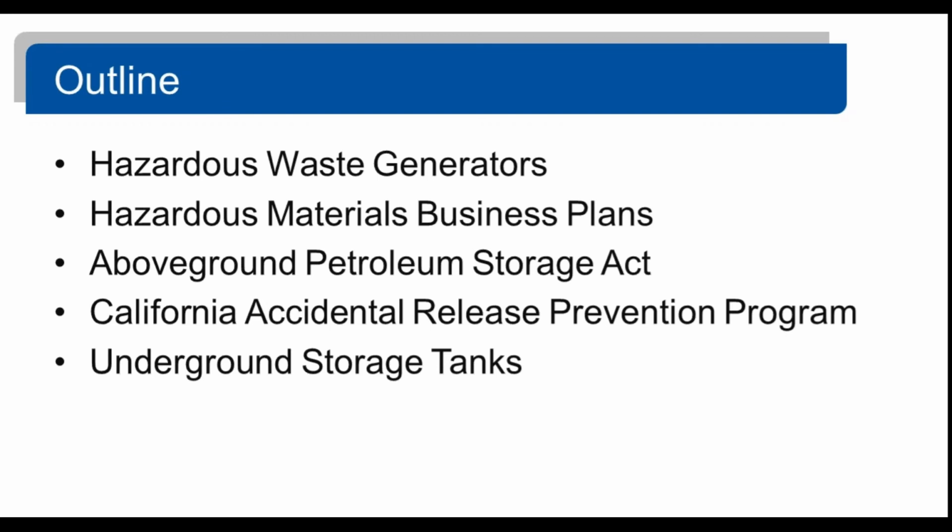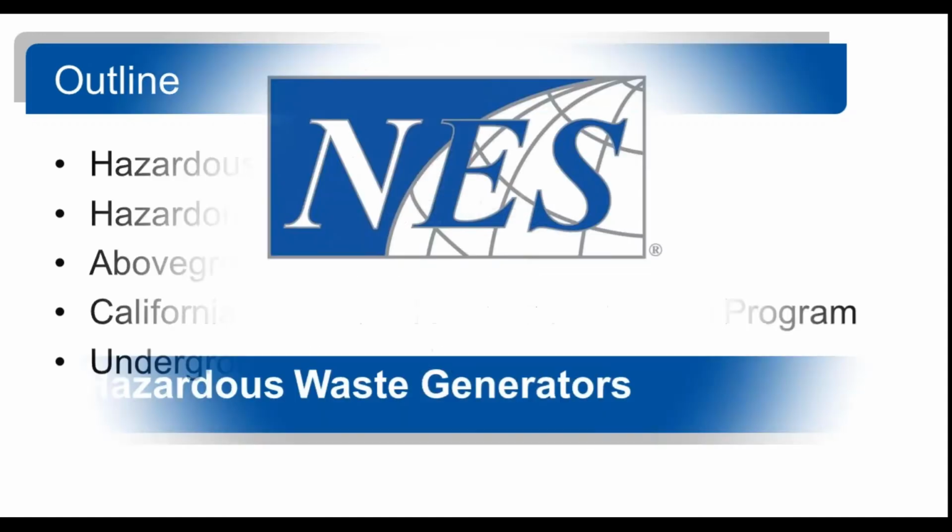Then we will look at training requirements for California Accidental Release Prevention facilities, or CalARP facilities. And we will look at training requirements whether your facility is a Program 2, Program 3, or Program 4 facility. Then we will conclude with training requirements for those facilities that store hazardous materials in underground storage tanks.